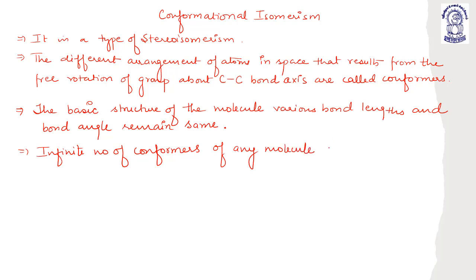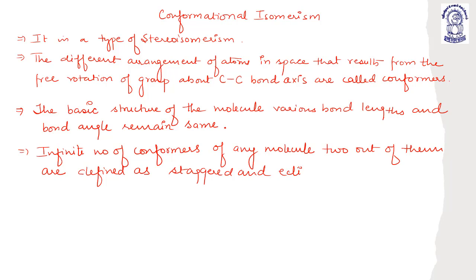Two out of them are defined as staggered and eclipsed. Staggered is the most stable form, and eclipsed is the least stable form. Okay.